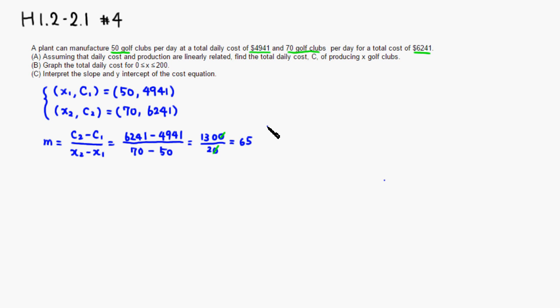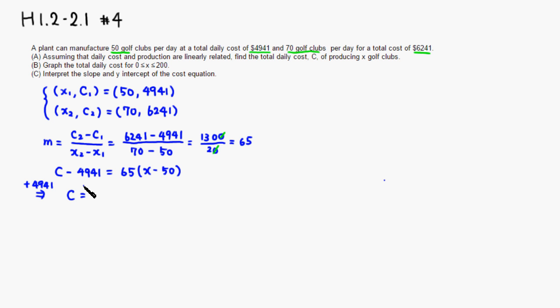So we can find the equation using the point slope form. So you have C minus C1, which is 49.41, is equal to M, which is 65, times X minus X1, which is 50. Alright, so since we're looking for C, let's just add 49.41 to both sides.